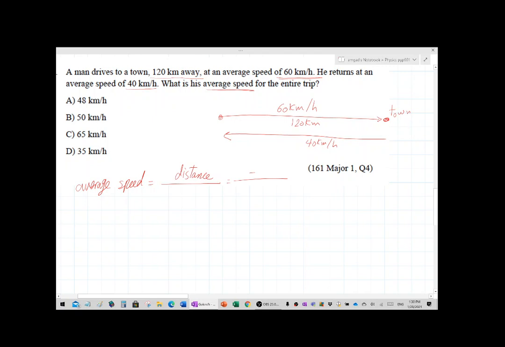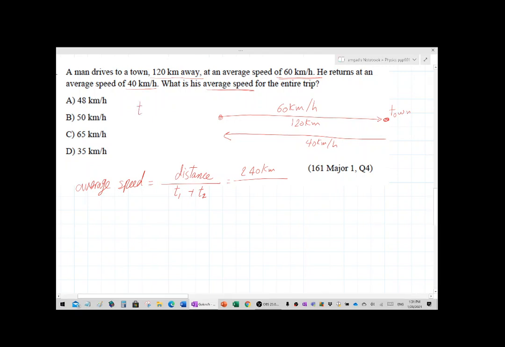This is the total distance, 240 kilometer, divided by the total time. Here there are two times: the time of the first trip when he goes to the town, and the time when he returns back from the town. So I need now to calculate the time of each one.